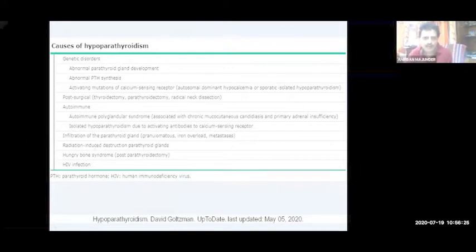And I have already discussed the infiltration of the parathyroid gland because of iron overload, which is the acquired hypoparathyroidism that can occur. And lastly, we can have an autoimmune cause of hypoparathyroidism, and sometimes multiple autoimmune diseases may be present simultaneously.